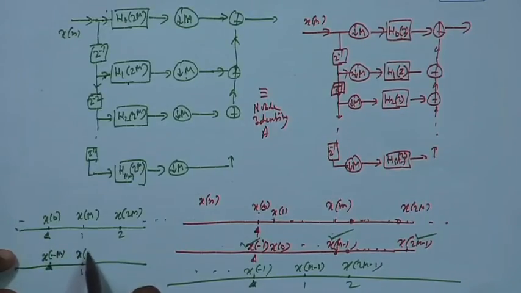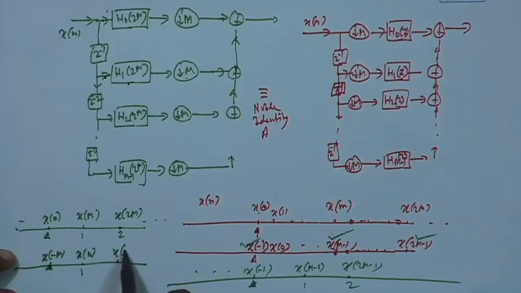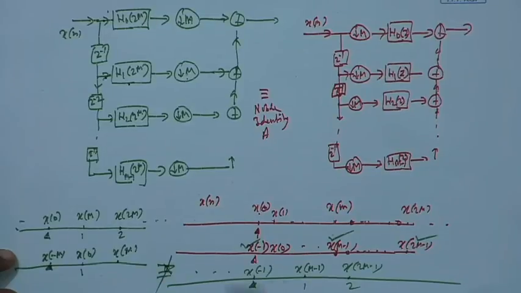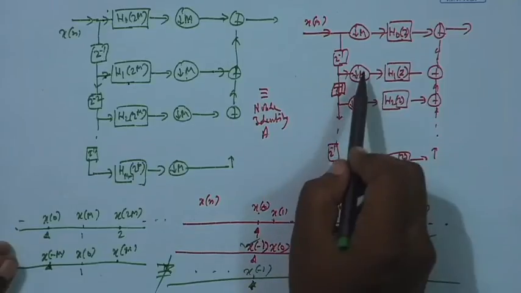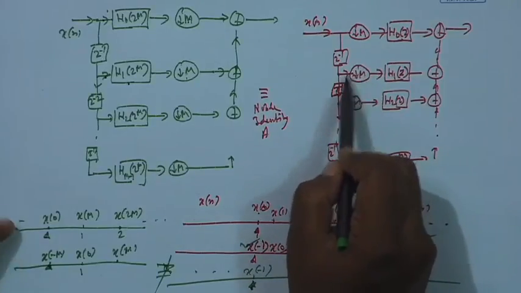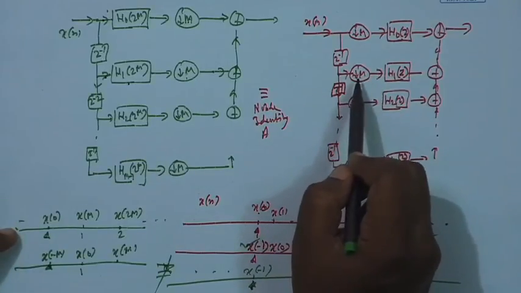At one position x 0 will come, at the next position x m will come, and we see this is not the same as this. Here at 0 is x minus 1, there at 0 is x minus m; here at number 1 is x m minus 1, there is x 0. So they are not the same. Actually, the decimator is linear, but not a shift invariant structure, and that is why the two cannot be interchanged.